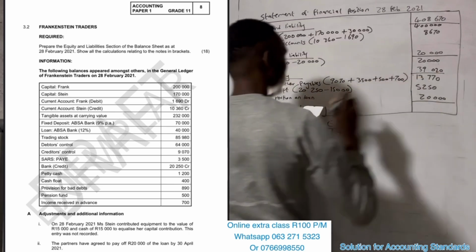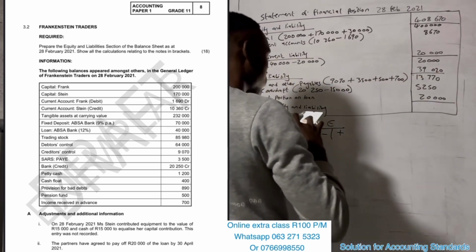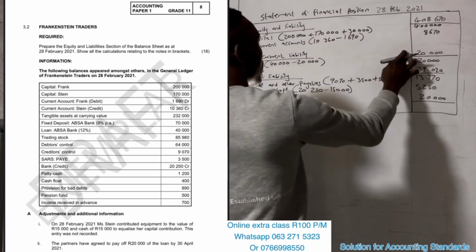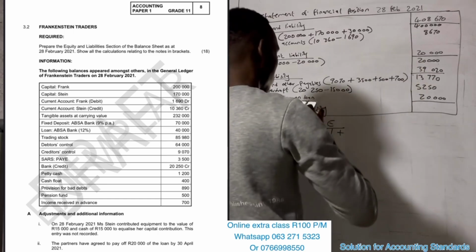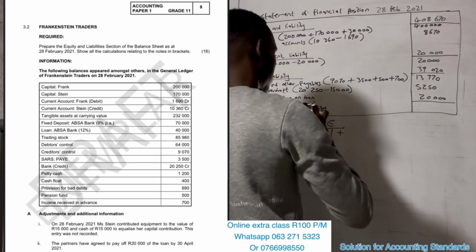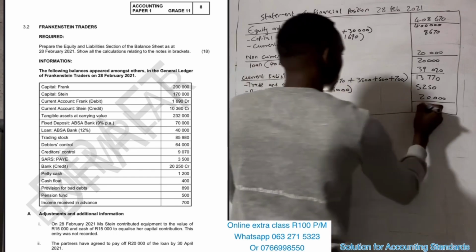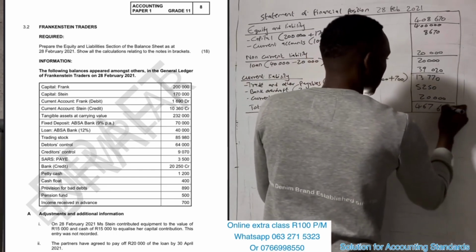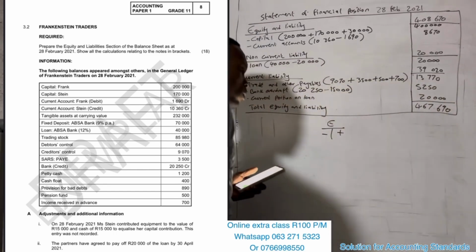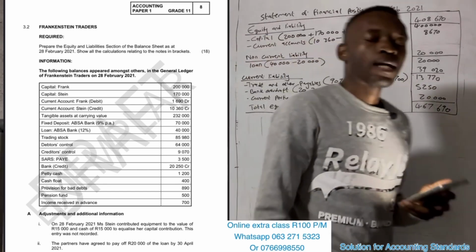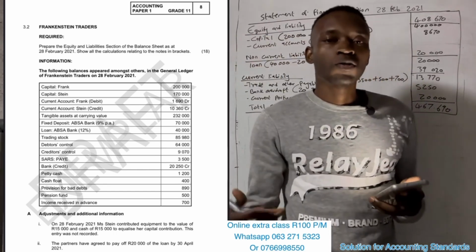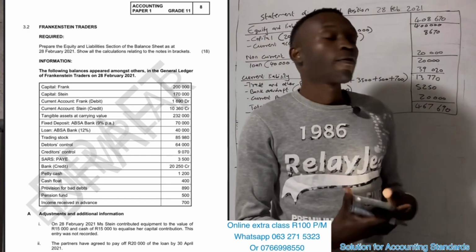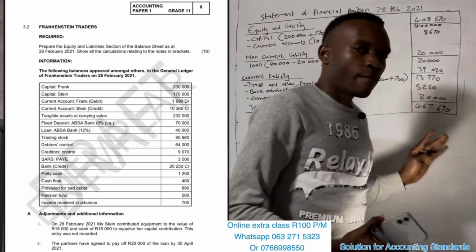Okay, 39,020. Add it with 20,000 and you add it with 408,670. It's going to give you total equity and liability of 467,690. Simple as that. That's how most of the balance sheet in grade 11 is going to look.